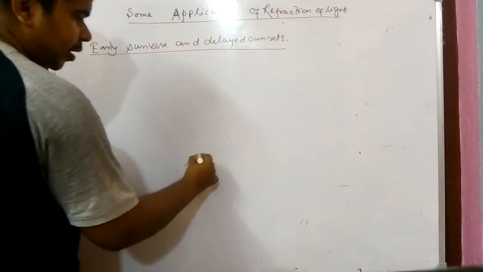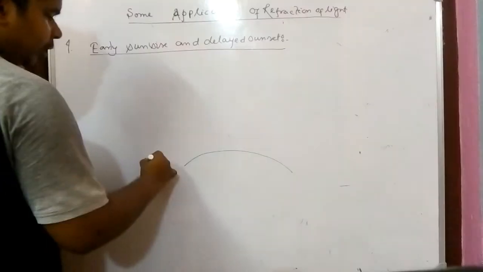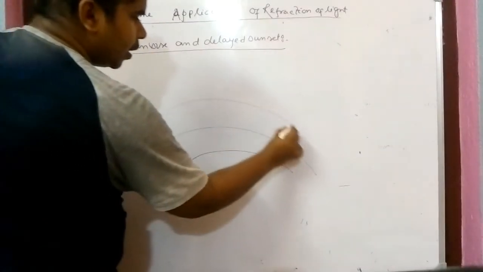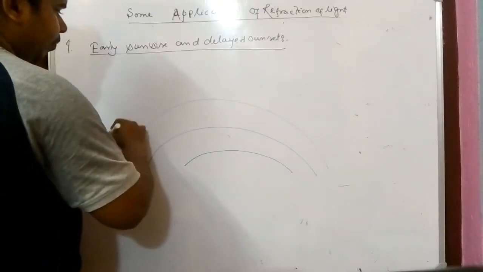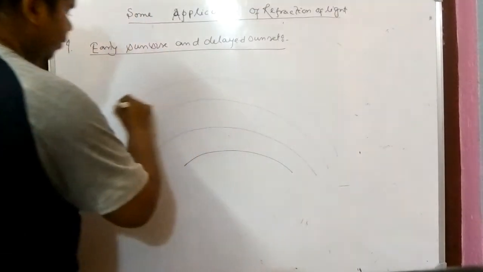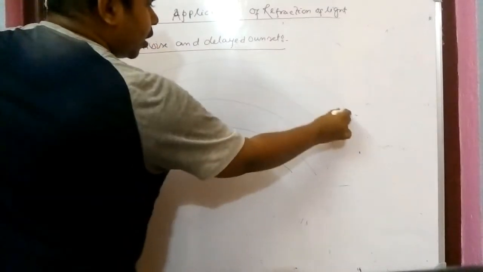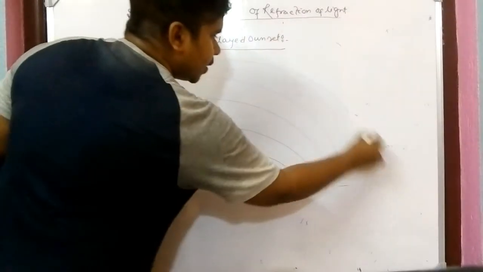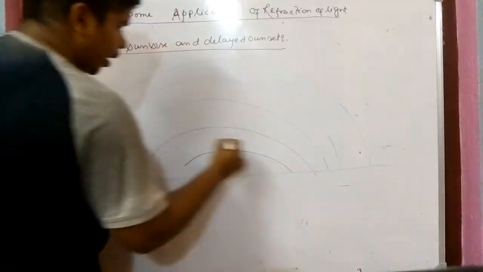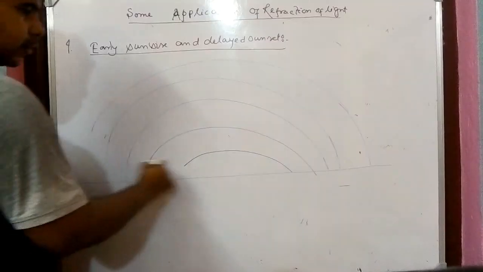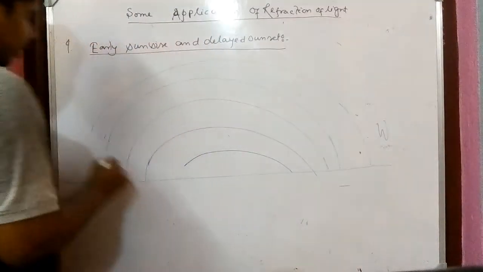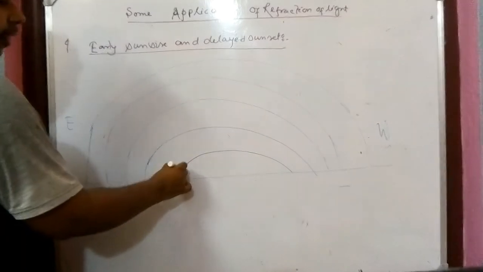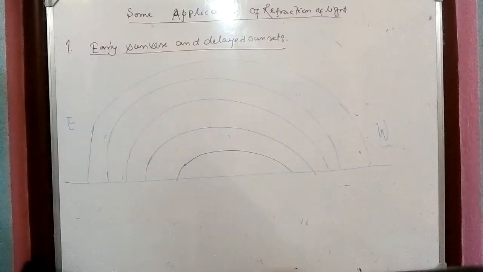Let's see. Assume this is the surface of the earth. Around the surface of the earth, there is a layer of atmosphere. If I take this portion as east and this as west, and this line as the line of horizon.